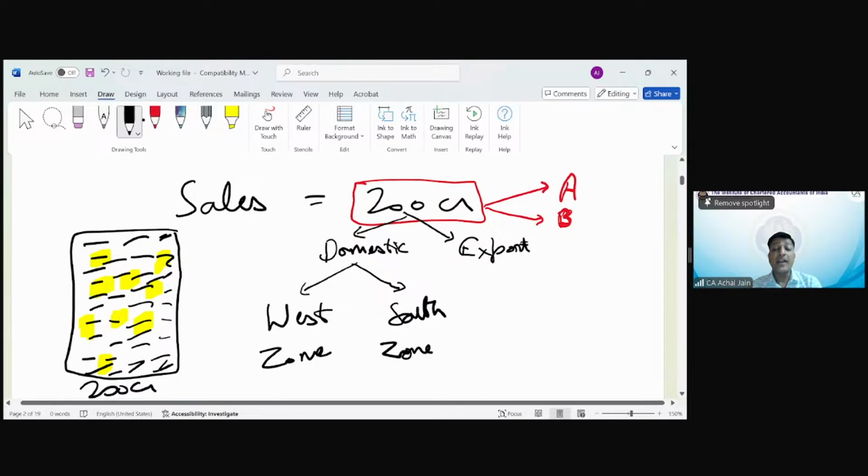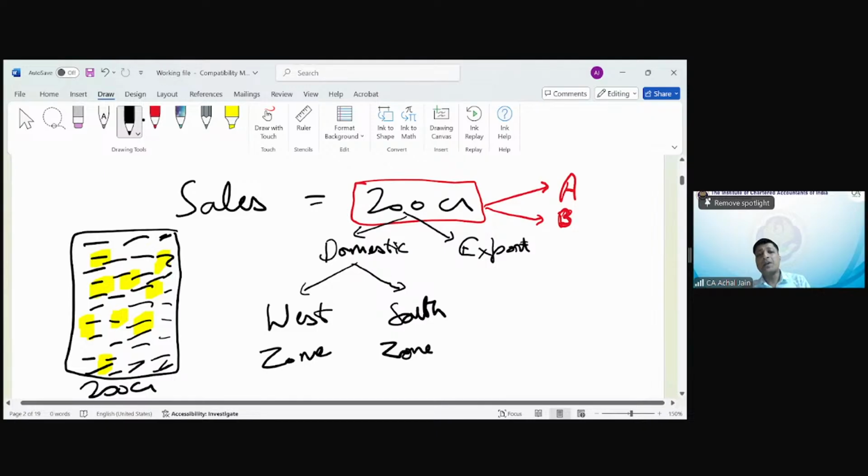Now, when you have this understanding about the sales, what should be your objective? Each and every type of sale transaction should be tested. Should that be your objective or not? When you are trying to verify the sales, when you are trying to pick up the samples, what should be your objective?